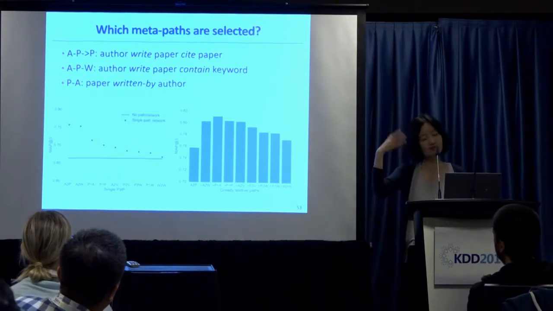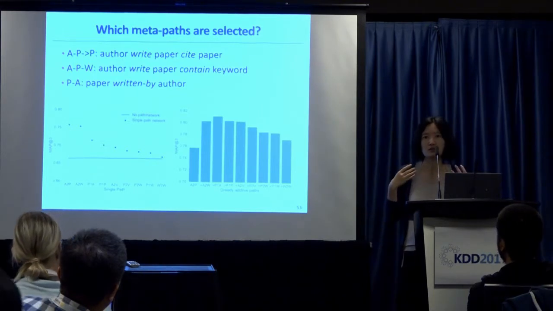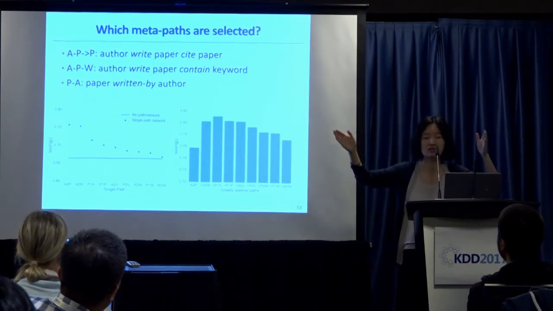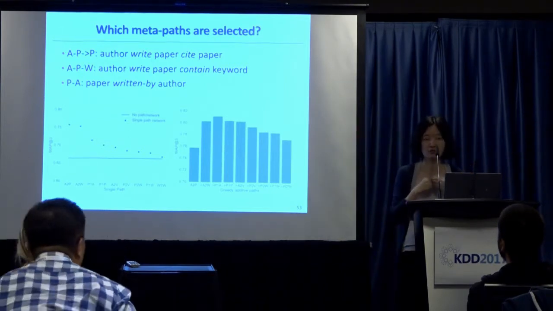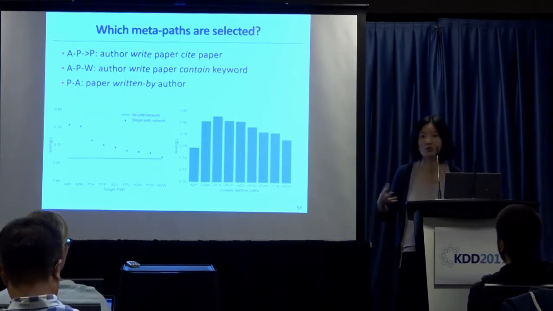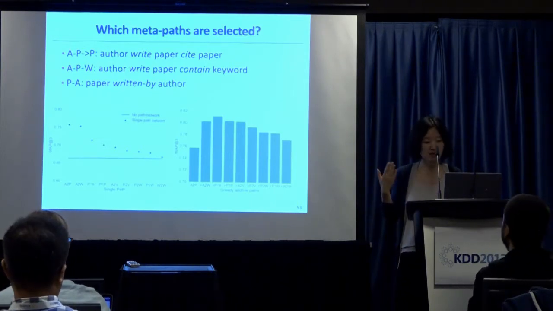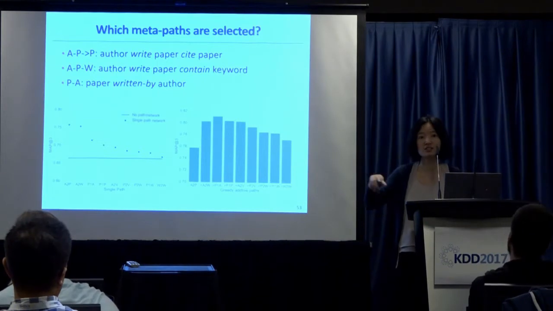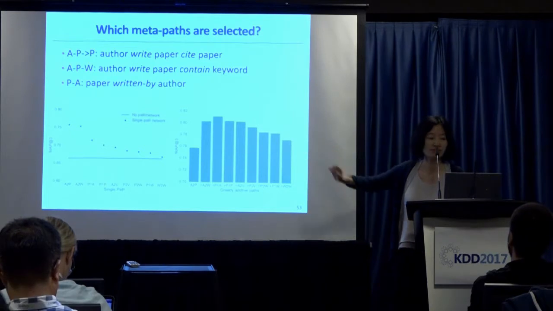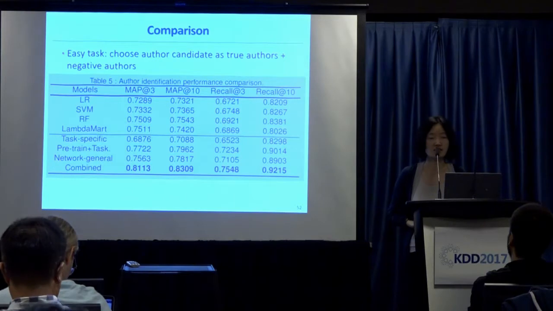In traditional feature selection, you have vector data with all these attributes, and you want to select those features. But here they are connectivities in a heterogeneous network. What kind of connectivity do you want to trust for this particular task? The main message is that if your task changes, the selected metapath will be rather different. That's also a reason why the general purpose embedding itself is not good enough.